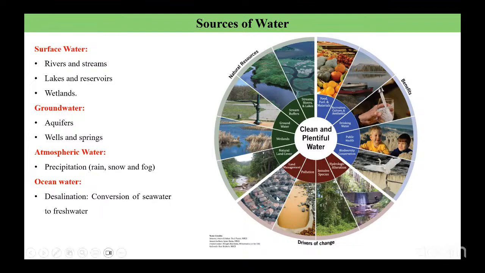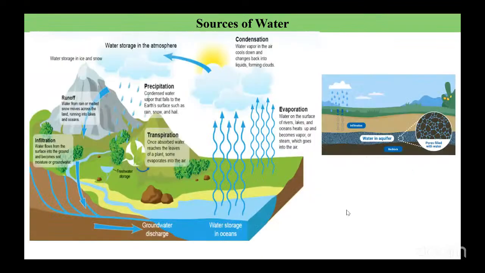And also land management: without any proper management, the water circulation and distribution gets affected. So these are the major drivers for change which contaminate the water sources. So coming to the major sources of water, we must all have heard about the water cycle.